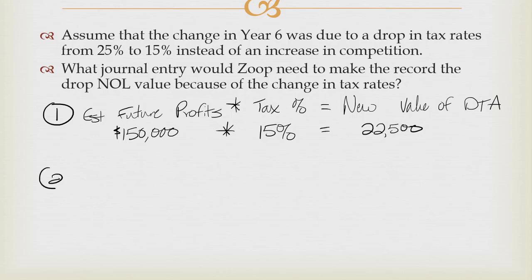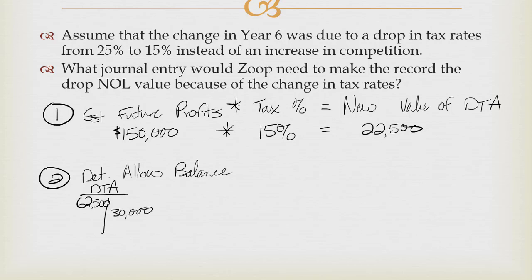Step number 2 is to determine the allowance balance. And to do that, I look at my deferred tax asset account. Again, it started at 62,500. I used 30,000. This example assumes that the one we just did, where I wrote it to 0, didn't happen.